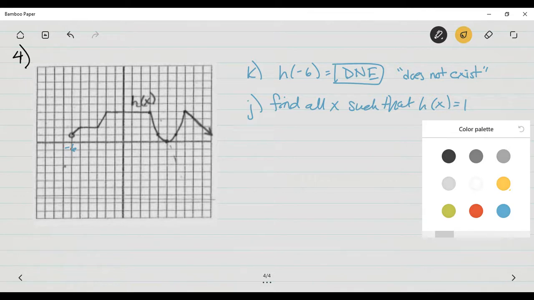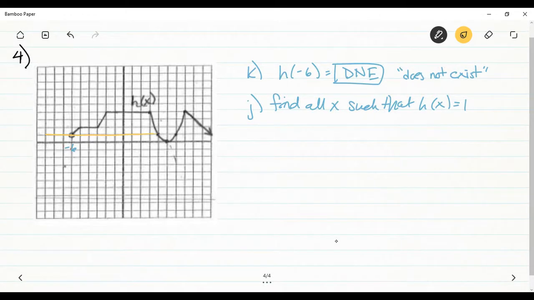So looking at 1, we will graph y equals 1 right here. And what values do exist for x? Not at -6. Remember, that's an open circle, so that's not part of it. So this value is included, this value is included, and a third value here all the way at the end. So the three values of x are 4, 6, and 10.